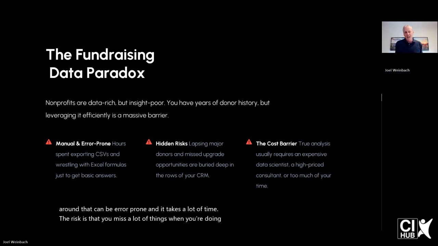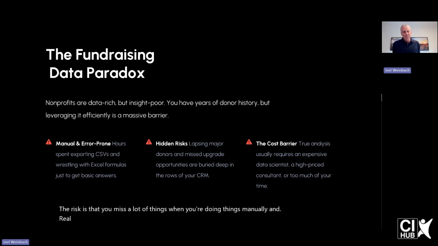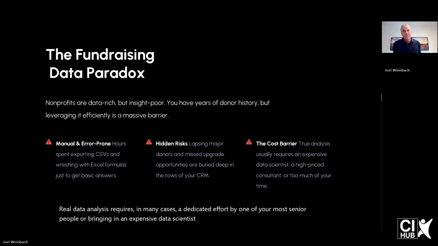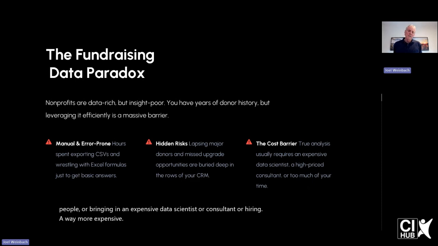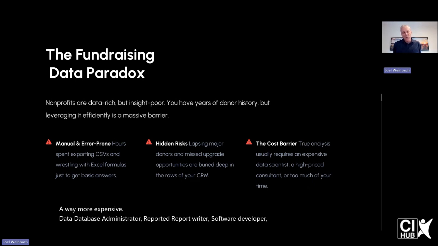And real data analysis requires, in many cases, a dedicated effort by one of your most senior people, or bringing in an expensive data scientist or consultant, or hiring a way more expensive database administrator, report writer, software developer, etc., than your organization would otherwise need.